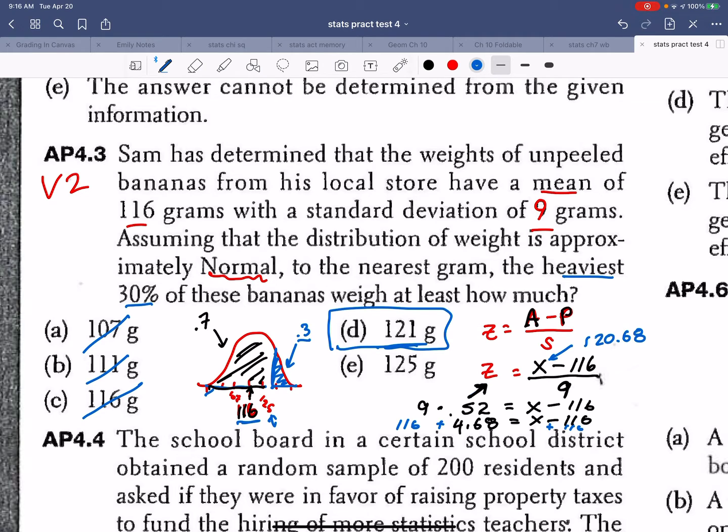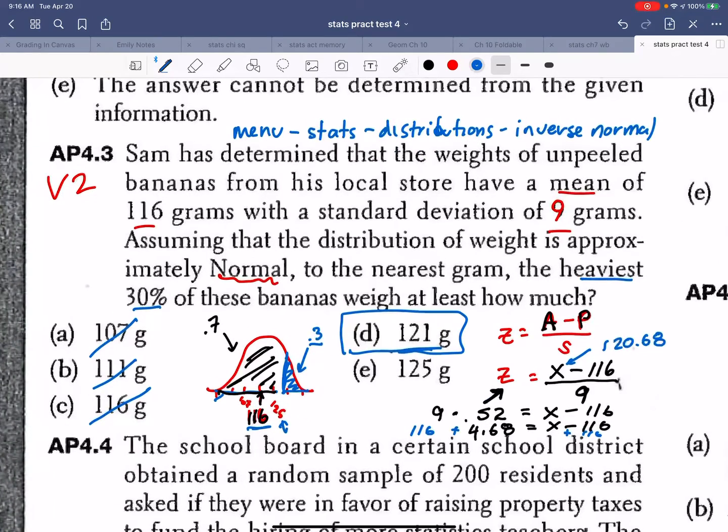So we can use our calculator. If we go to menu, stats, statistics, go down to distribution, and you could do an inverse normal calc. This is probably how I would do it. I know I'm looking for the area under that curve to the left as 0.7.